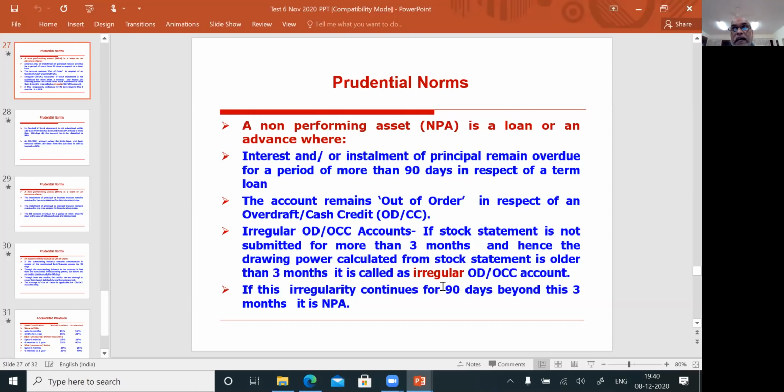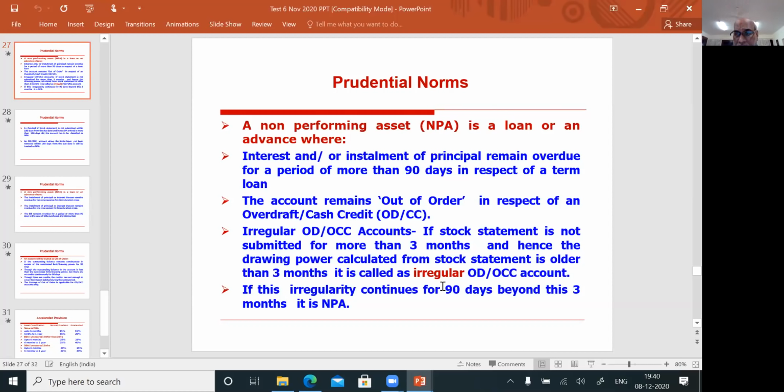What is out of order? If the liability continues to be more than the limit or drawing power, whichever is less, continuously for 90 days, or even though the liability is less than the limit, there are no credits continuously for 90 days. Third point, even if there are credits, the credits are not sufficient to cover the debit during the quarter.